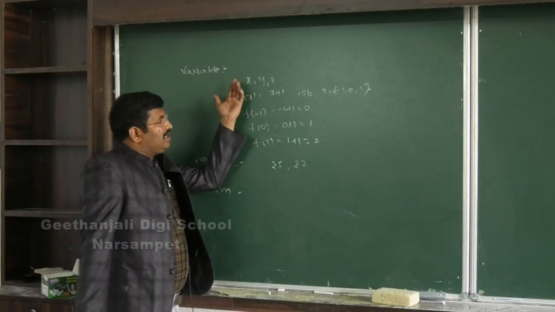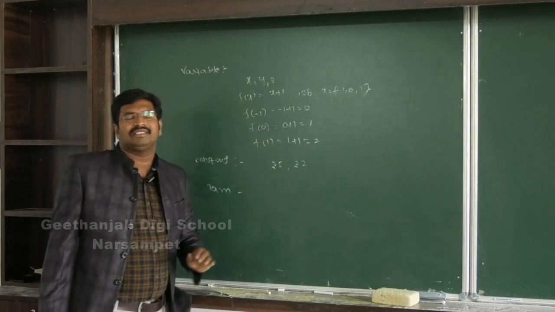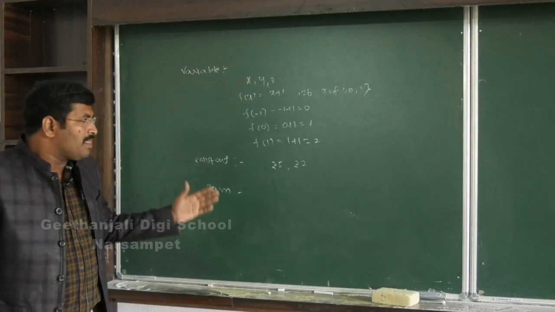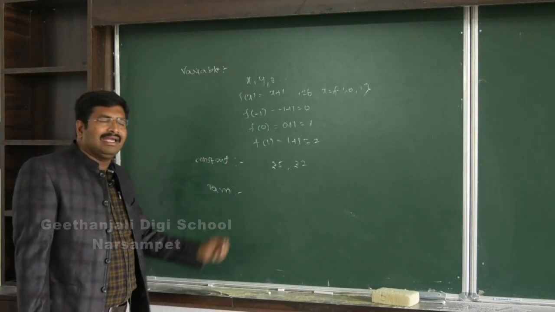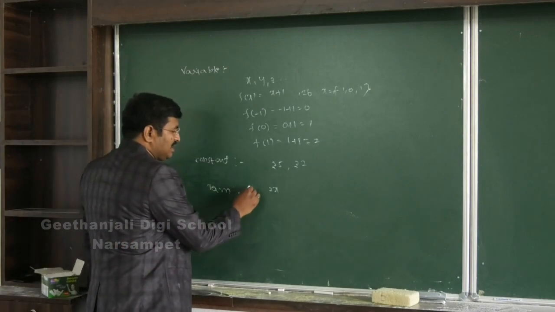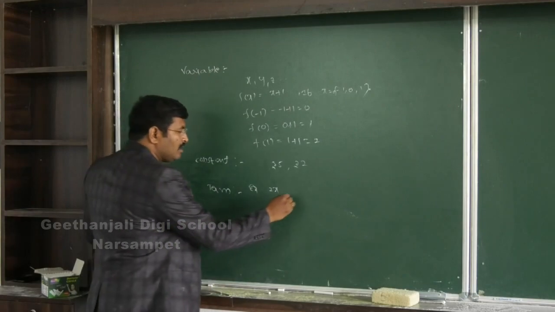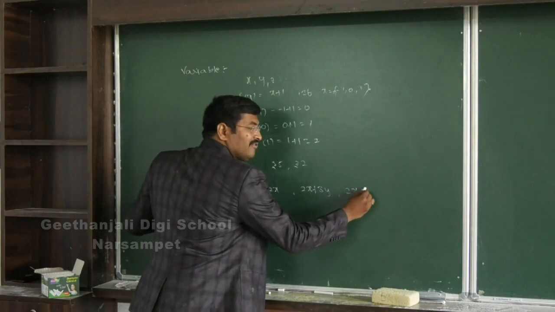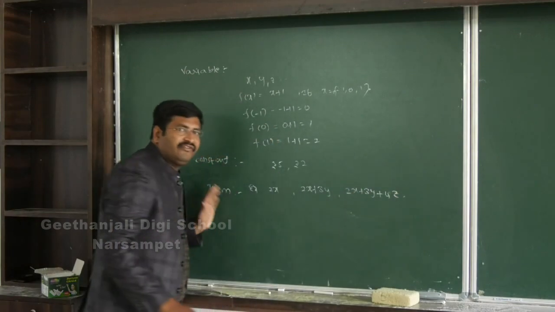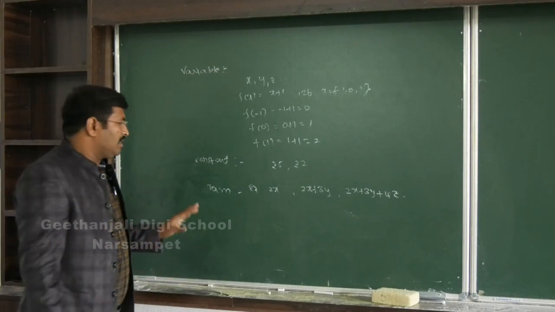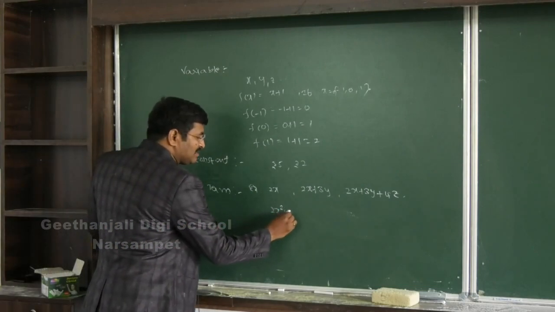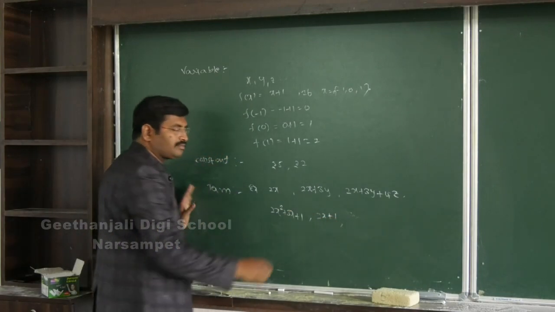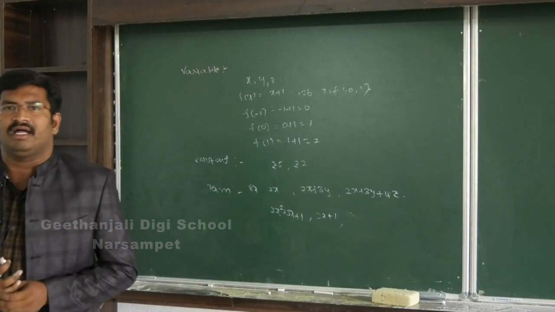If you see the example, x, y, z are the variables, and 5, 2, 3 are the constants. Then the combination of variable and constant, for example, 2x plus 3y, 2x plus 3y plus 4z, different types of examples for the terms. Now 2x square plus 3x plus 1, 2x plus 1, these are examples for the terms.